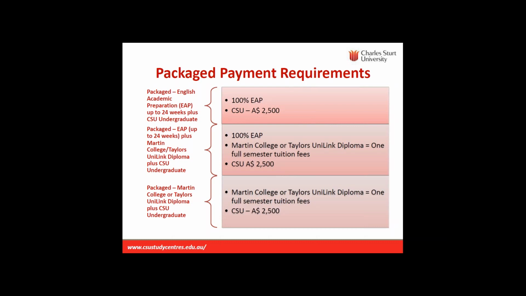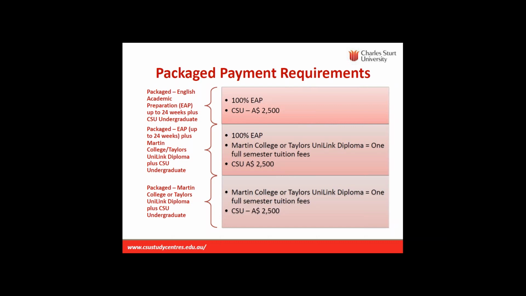So it's just for those countries, for those applicants who don't meet the direct entry requirements. We package those programs with Martin College. It's usually an English program plus 1 semester of tuition fees at Martin College, and also the CSU deposit toward the CSU studies.